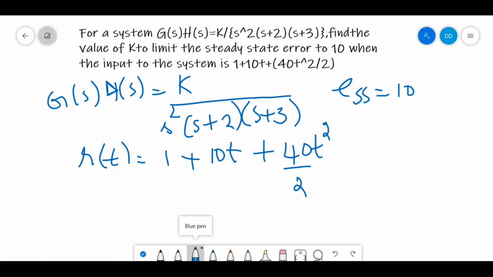So we have to find the value of K so that the steady state error is limited to 10.